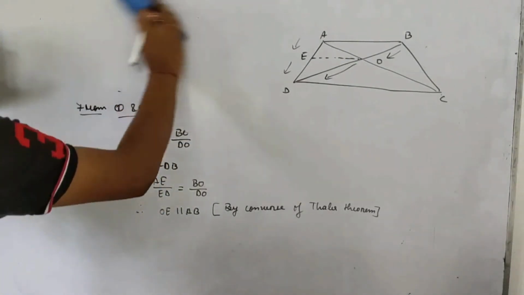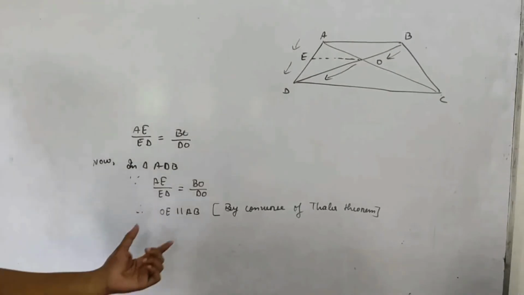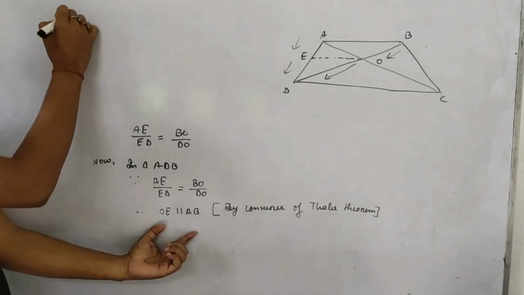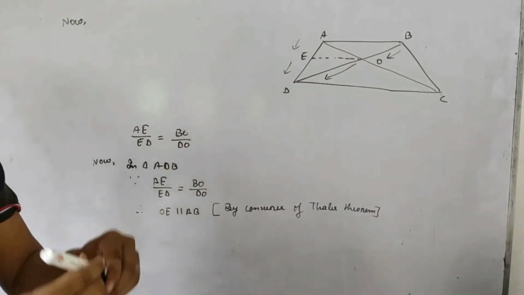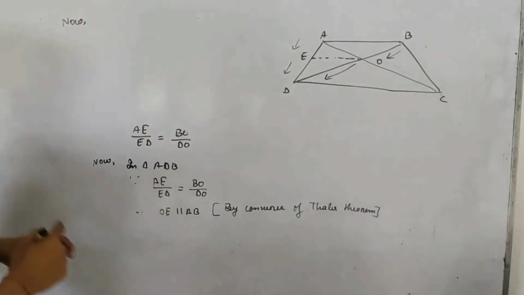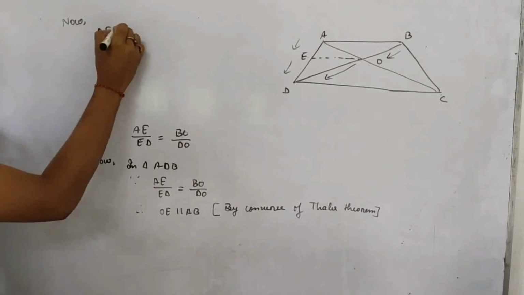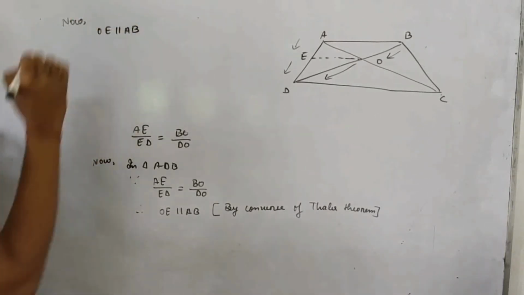Just 1-2 lines are left. What have we got now? We have got now OE is parallel to AB.